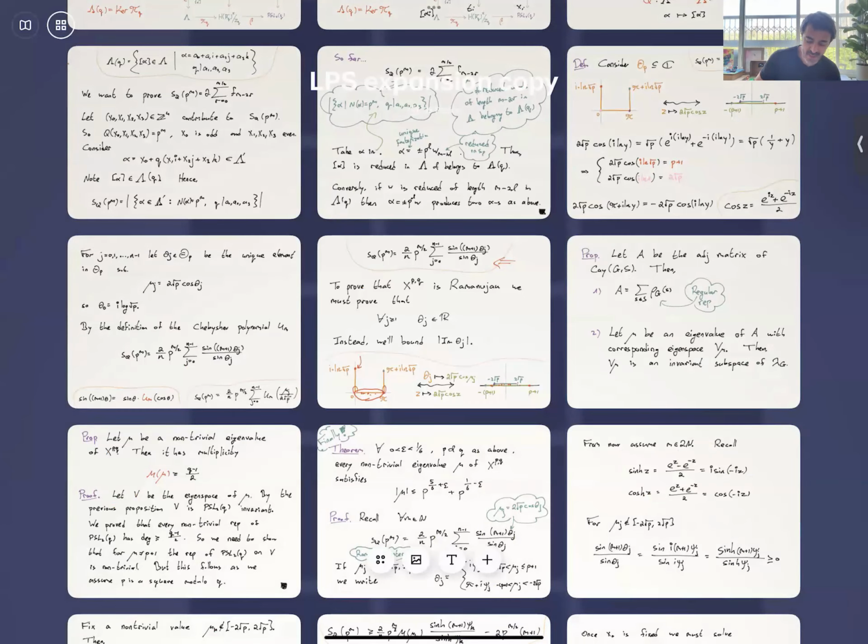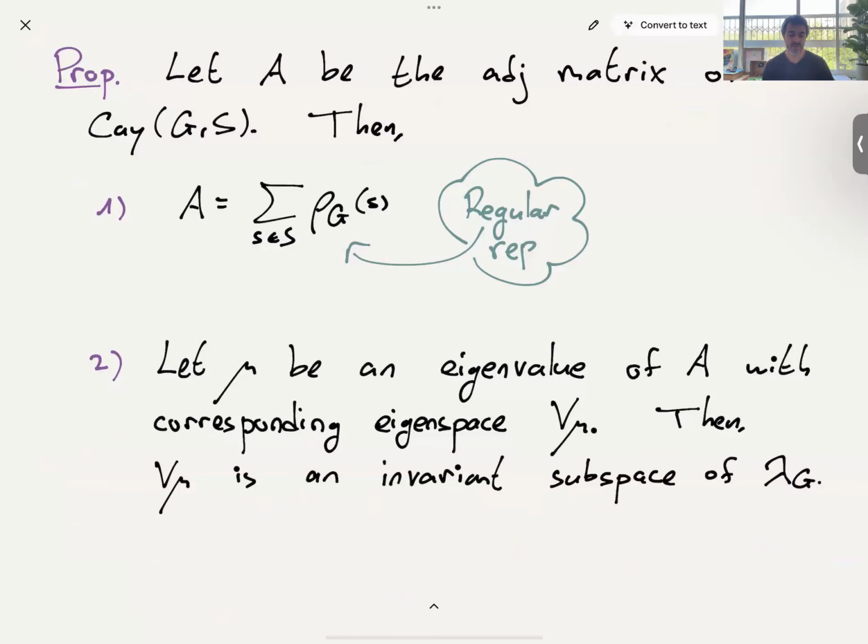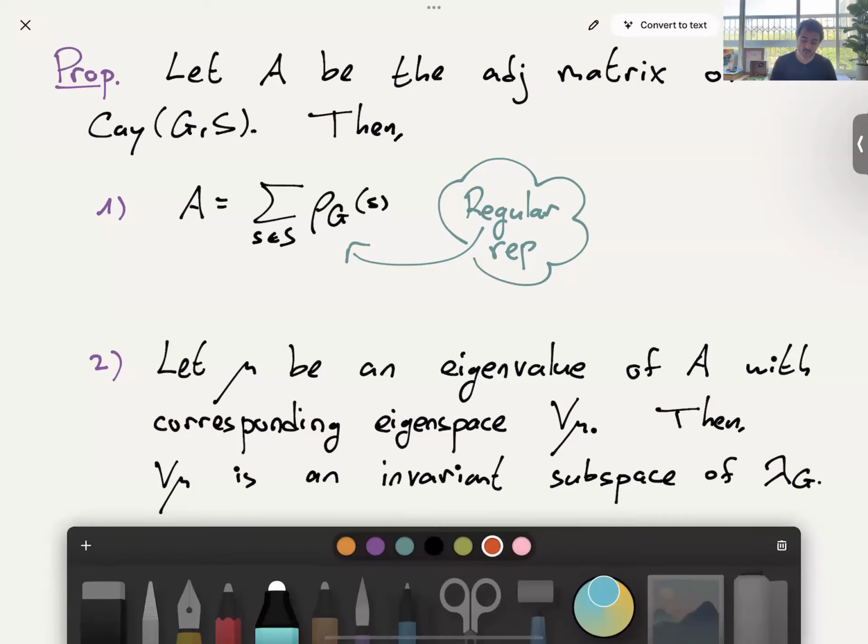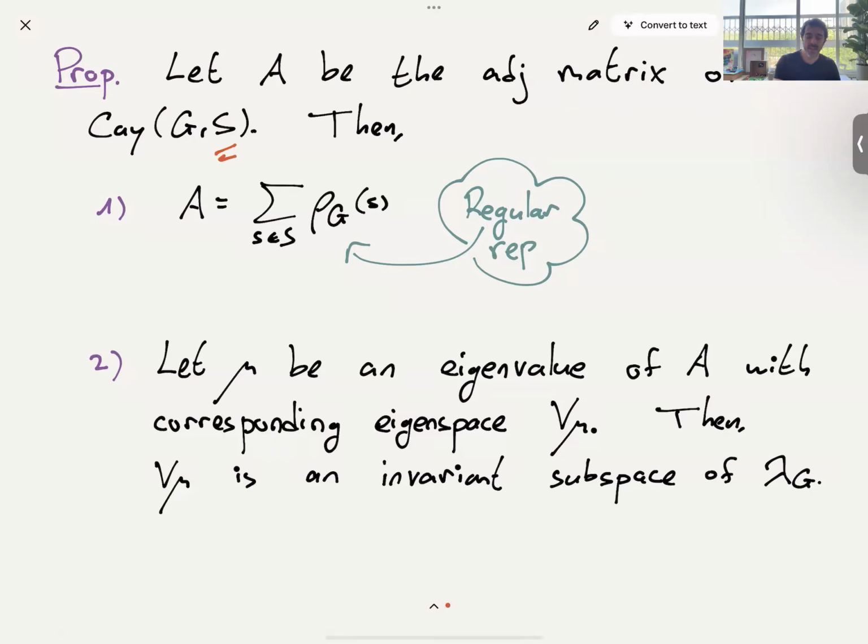Okay, so let's start. This is the proposition I was referring to when I said that maybe it does require another video, but depending on what you know, for those who actually attended the seminar, that's not going to be too difficult. Just as a reminder, say you have a Cayley graph on some group G with some generating set S, and A is the corresponding adjacency matrix.